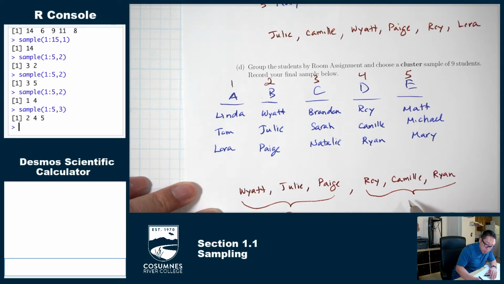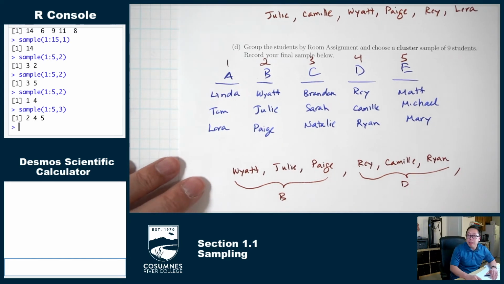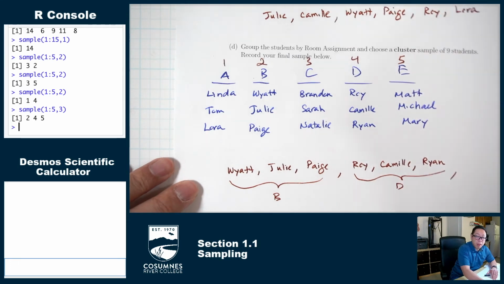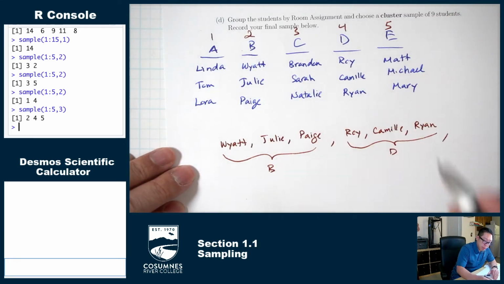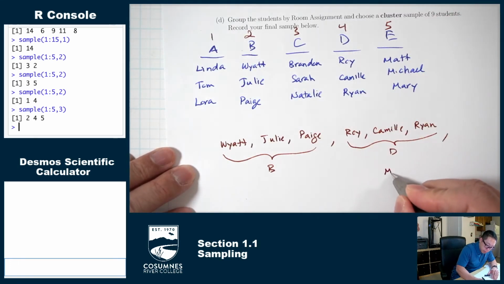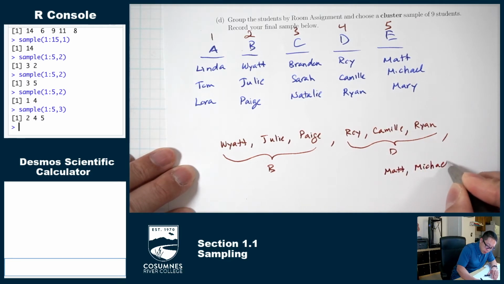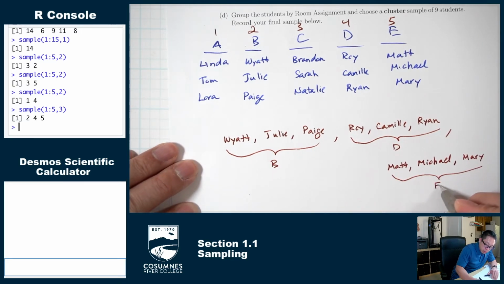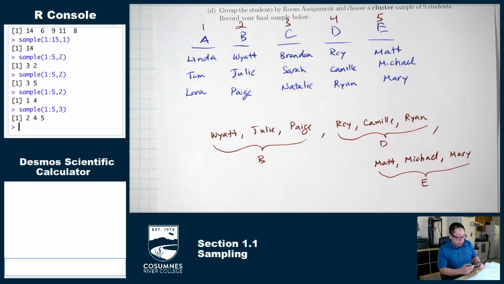And these are people in group D, or room D. And then 5, which is Matt, Michael, Mary. And these were all in room E. Okay, that's my sample of 9 students.